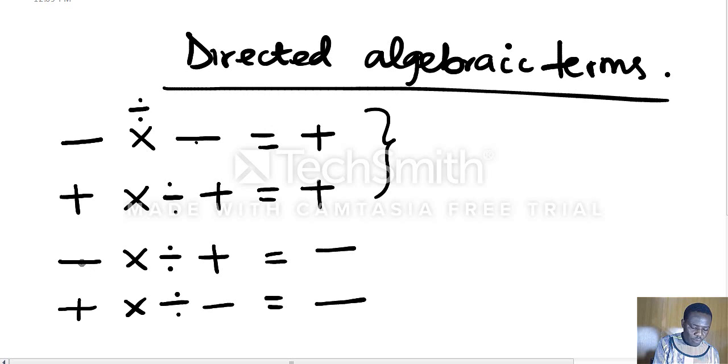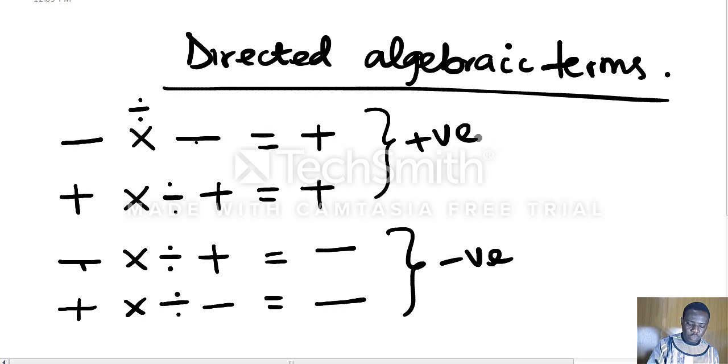But in the case of these two, they will always return a negative. So when they are of two different signs, they will always return what? A negative. So take that. Let's take some examples.